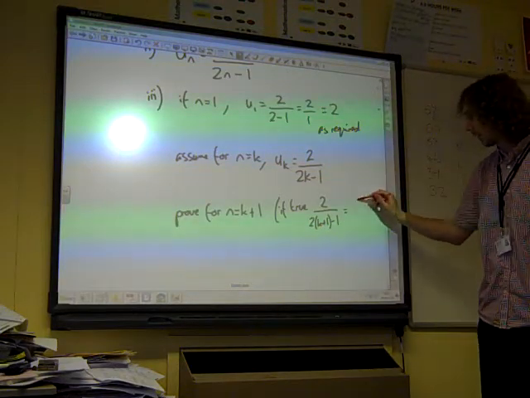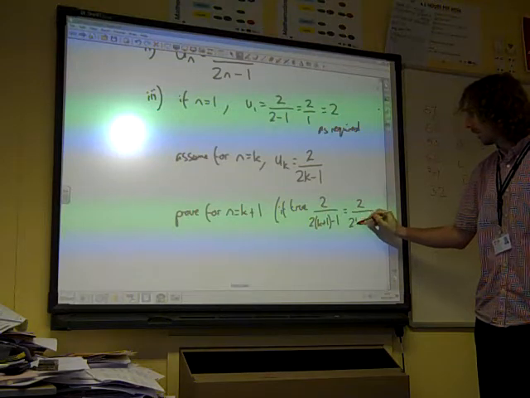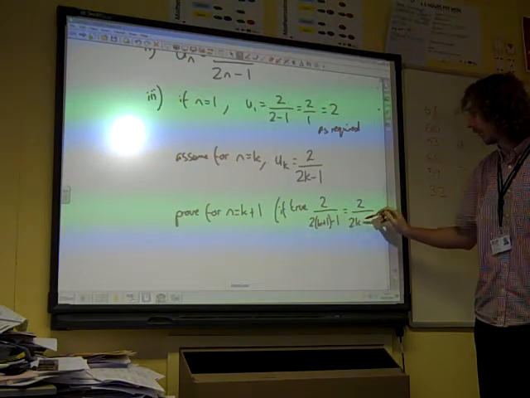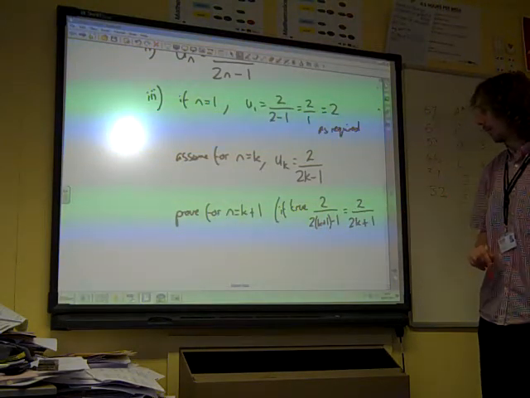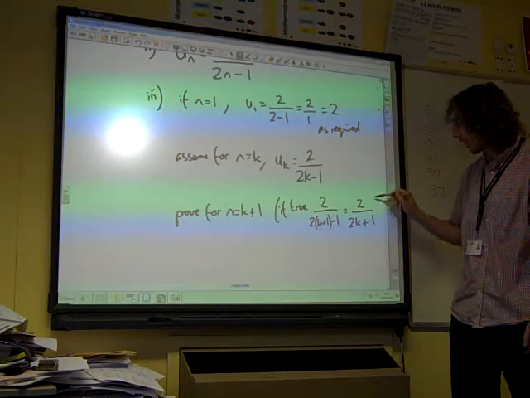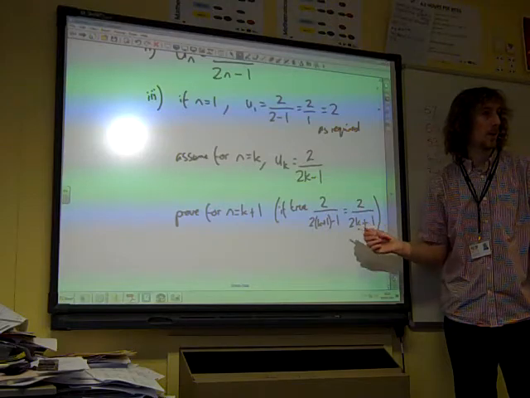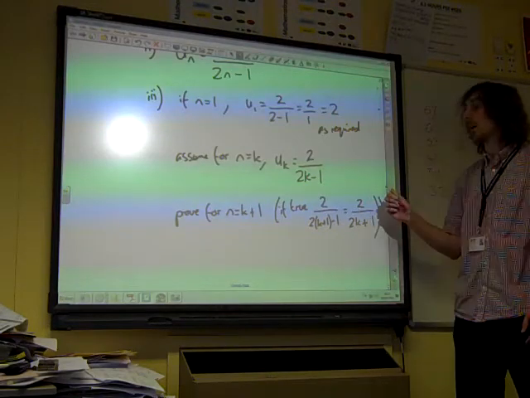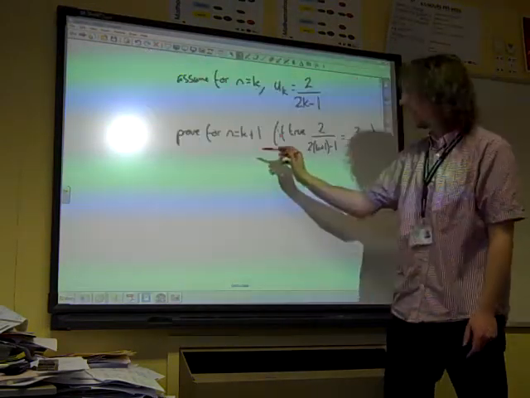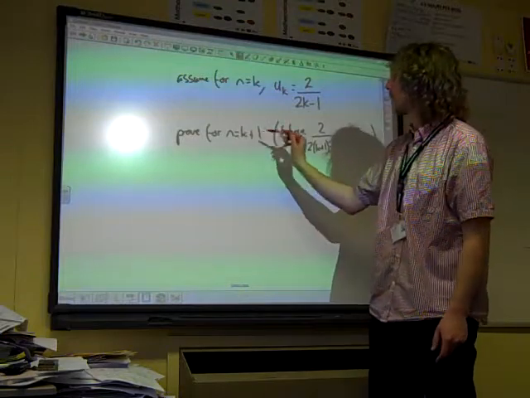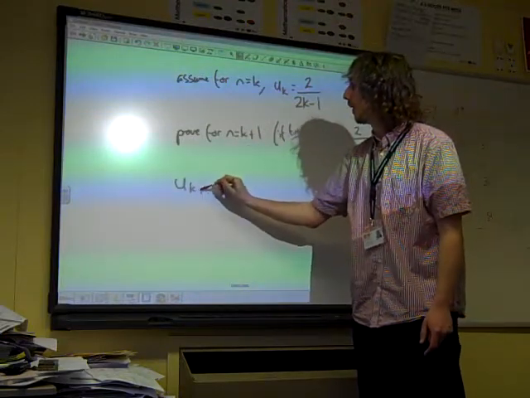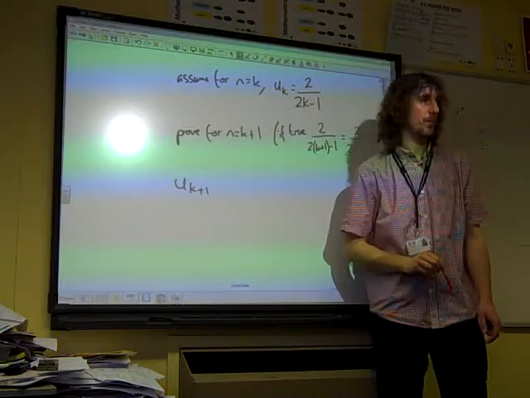Now, of course, that is equal to 2 over 2k plus 2 minus 1. So that's just giving us an idea about where we're heading if everything goes okay. Now, actually, if we're going to prove this for n equals k plus 1, we're going to look for U(k+1).